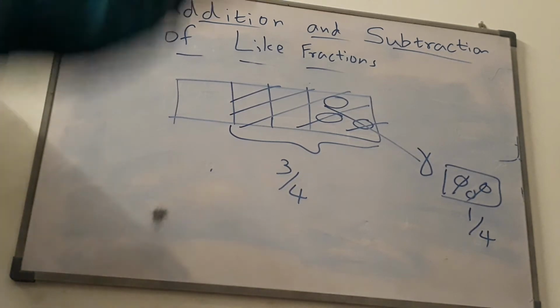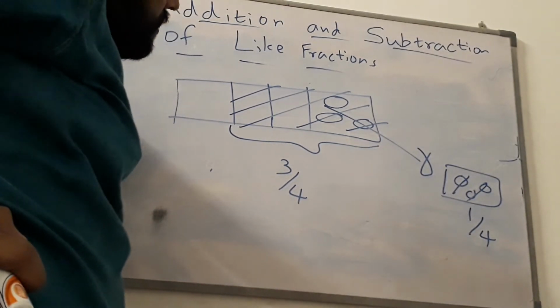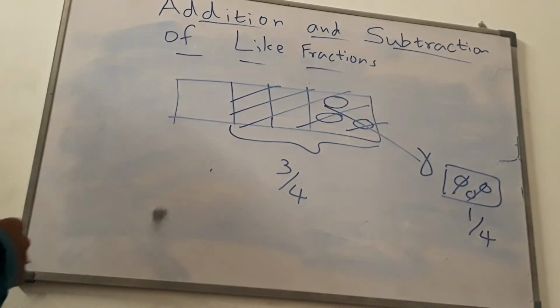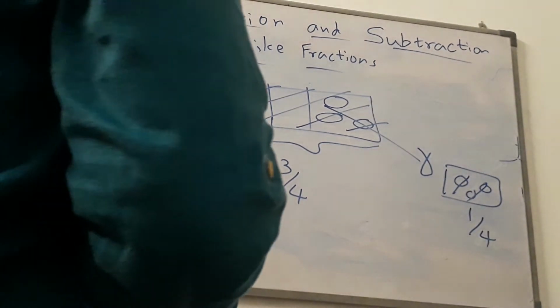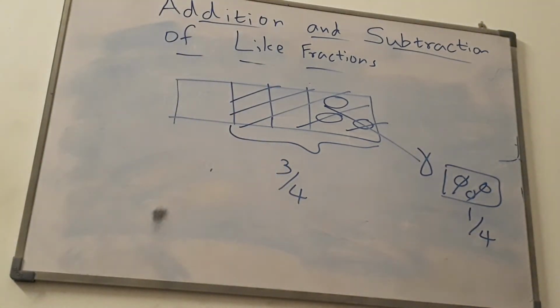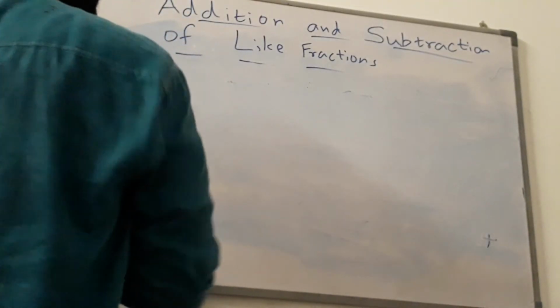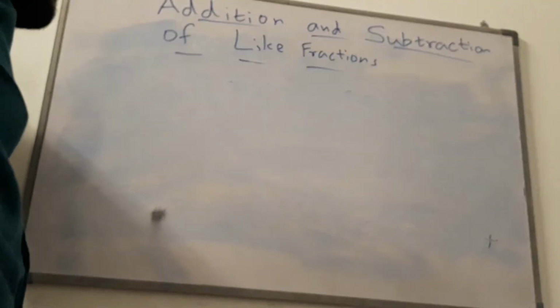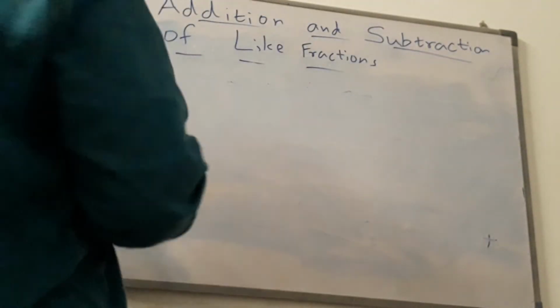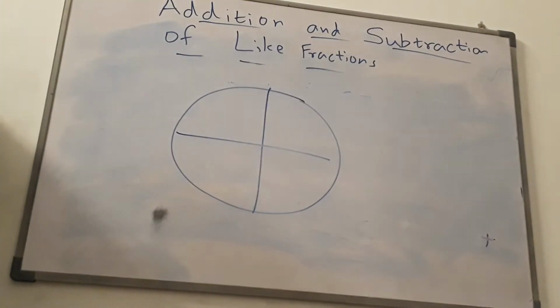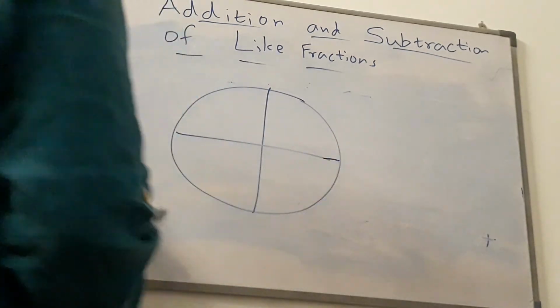So what happened is, suppose a circle divided into 4 parts.